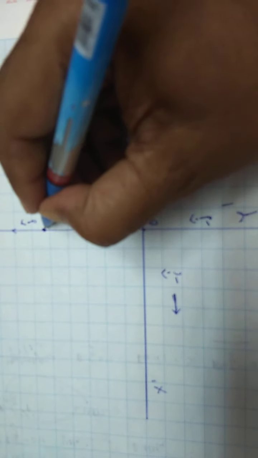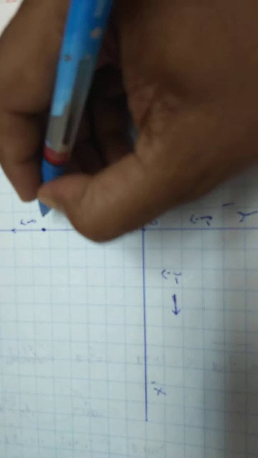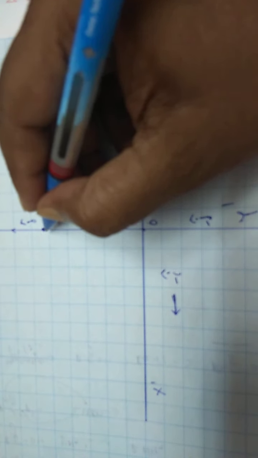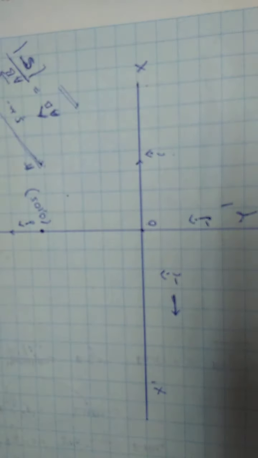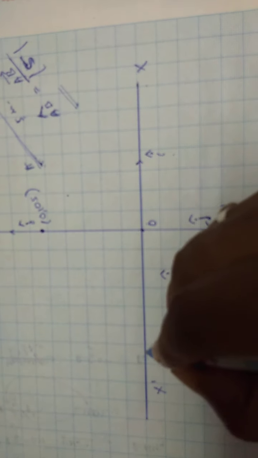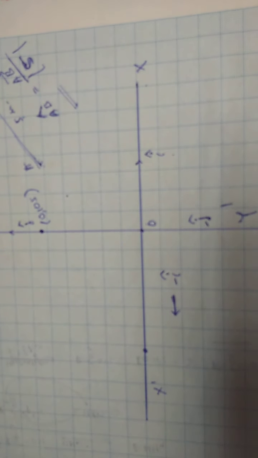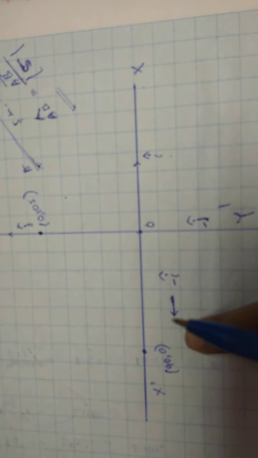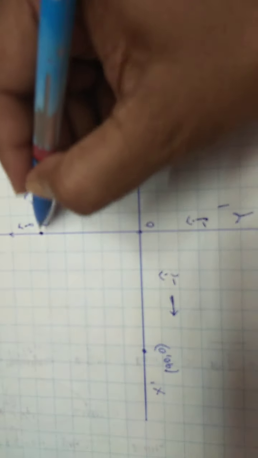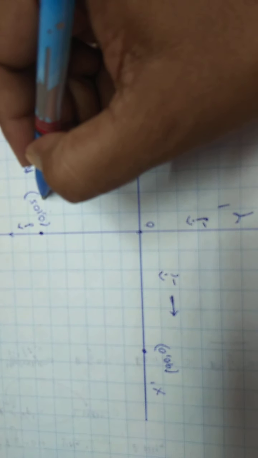This point, at a distance of 105 meter, has coordinate 0, 105. The hospital is at 90 meter distance, so its coordinate is going to be 90, 0.